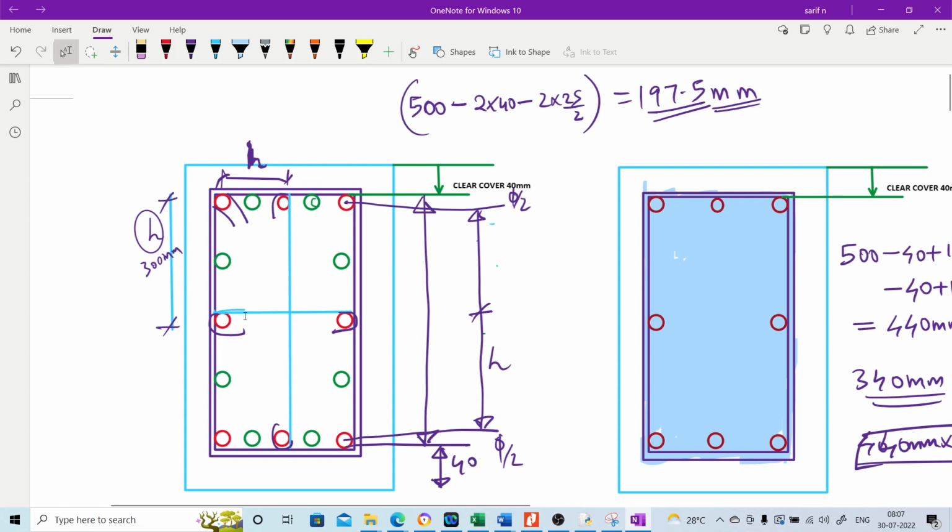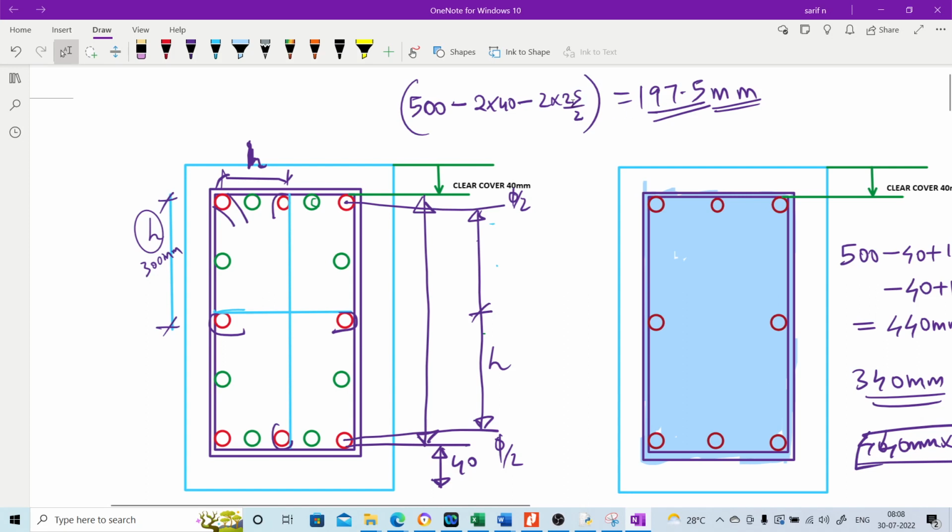Okay, so what we have to do is, for example, here I have mentioned the calculation of h. If the total dimension is 500 mm, and we subtract two clear covers, we will reach the outer to outer of the longitudinal bars. Now if we subtract 2 times half the bar diameter, we will reach the center to center of the outer longitudinal bars.